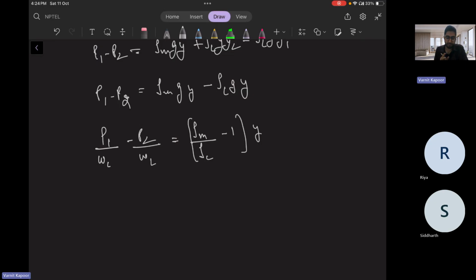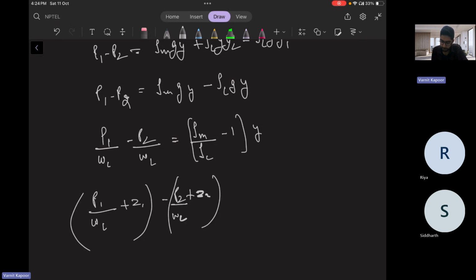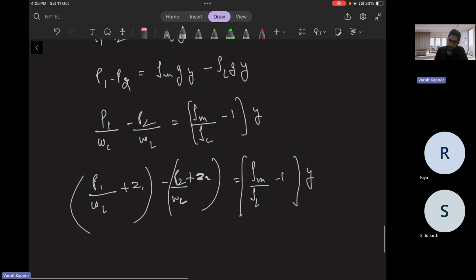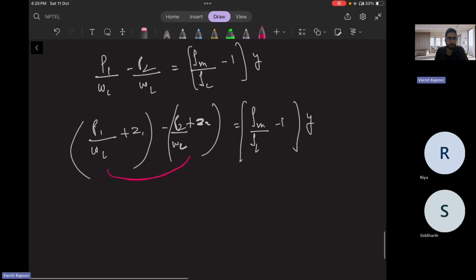If Z1 and Z2 had been different, then it would be P1 by w L plus Z1 minus P2 by w L plus Z2. So this would have been your piezometric head, equal to rho M by rho L minus 1 into y. And this is nothing but your piezometric head difference, small h.